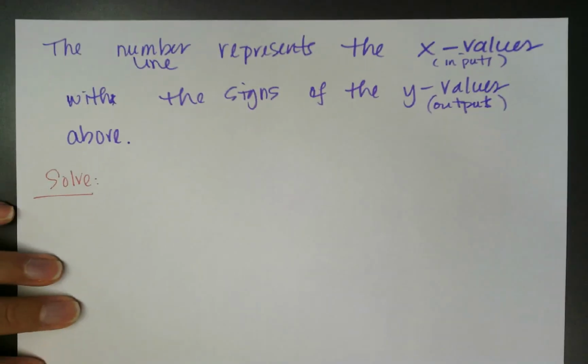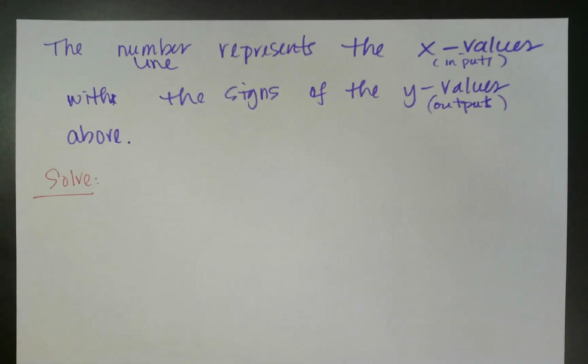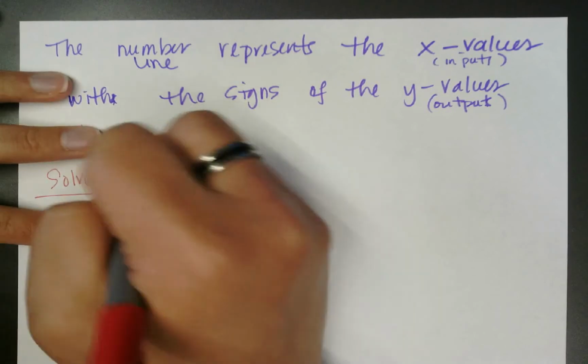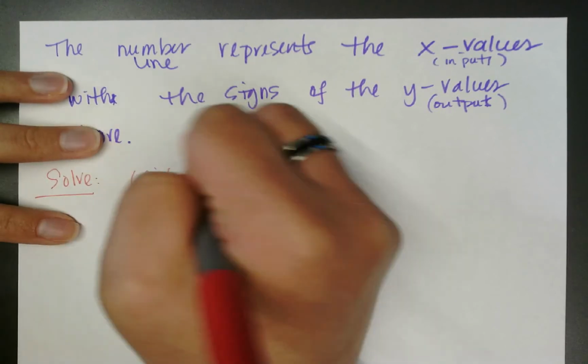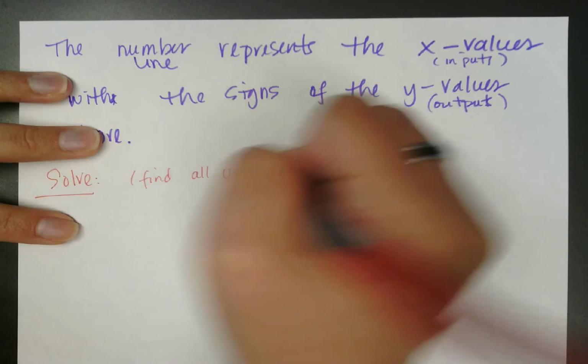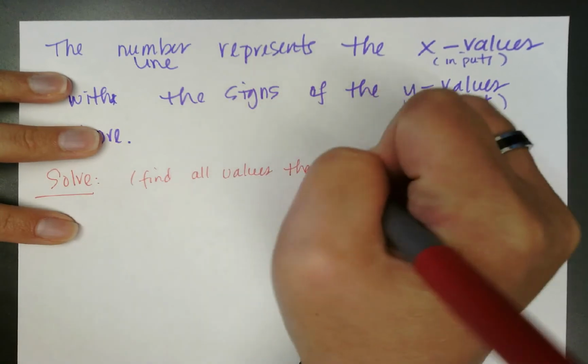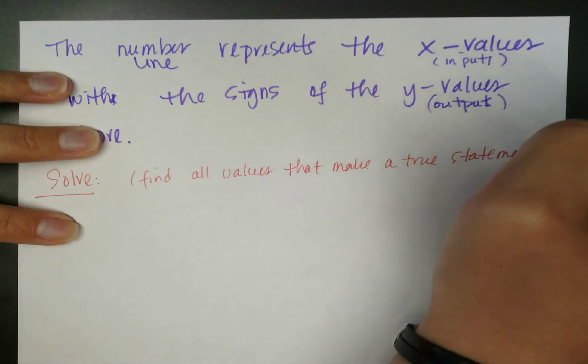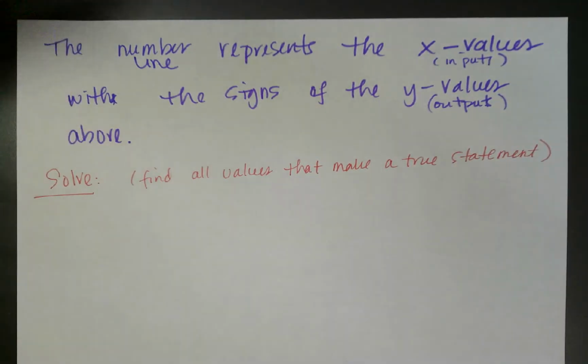The directions are saying solve. We're still not dealing with functions, and I know people frame it in functions, and we'll talk about that. Solve means, just a reminder, find all values that make a true statement. Just reminding you what it means to solve something, whether it's an equation or inequality.